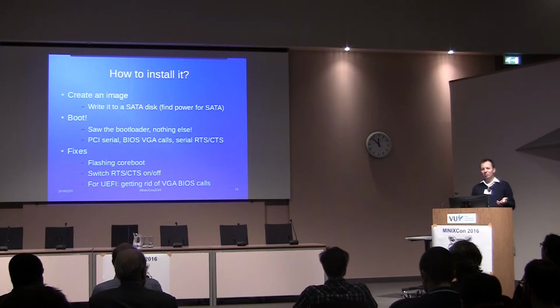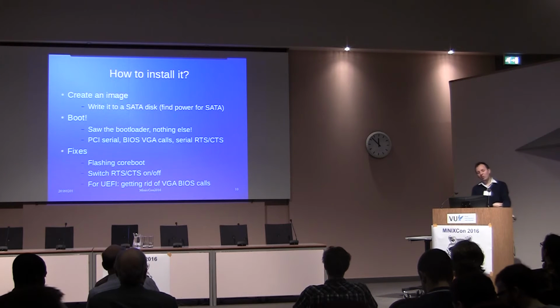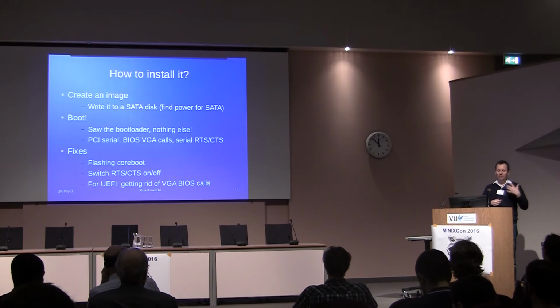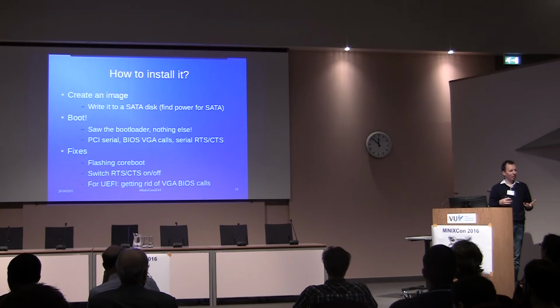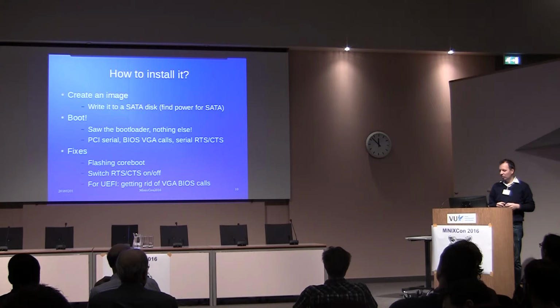Still the bootloader, but at least we could see some other stuff on the monitor, because VGA was now there. And so we looked into why we were not getting data via serial, or things like that, and went crazy trying to find it.